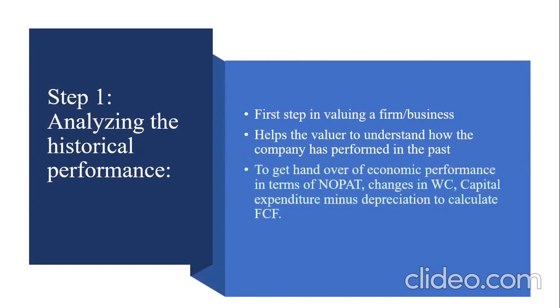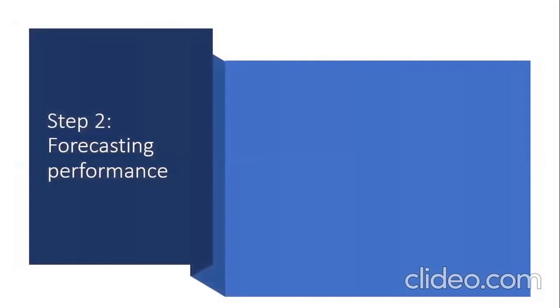Historical performance is analyzed to get a handle on economic performance. The financial statements show the financial performance, but to value the firm, we require economic performance in terms of NOPAT, that is net operating profit after tax, changes in working capital, and capital expenditure minus depreciation, in order to calculate the forecasted cash flows or free cash flows.